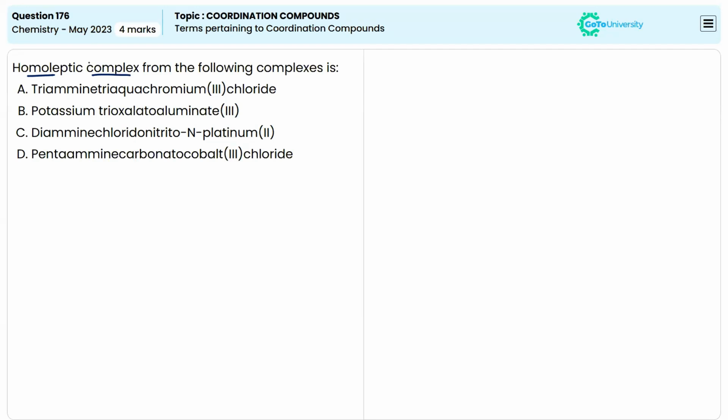So the first one is triamminetriaquachromium chloride. Here the ligands are three ammonia, triaqua means water is also present, and the metal will be chromium. Alright, so option A is not the correct answer. This is a heteroleptic complex.